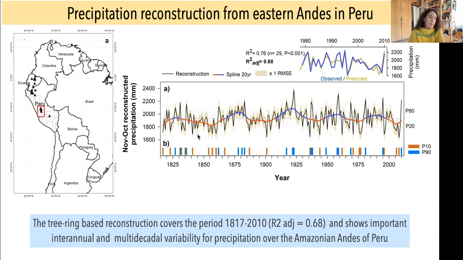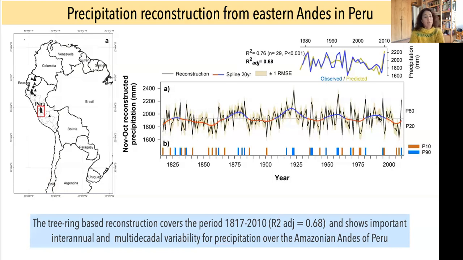And this reconstruction explains 68% of the total variance in precipitation over the calibration period, which goes from 1979 to 2010. This is remarkably good within tropical reconstructions in South America. I mean, the high variance explained.